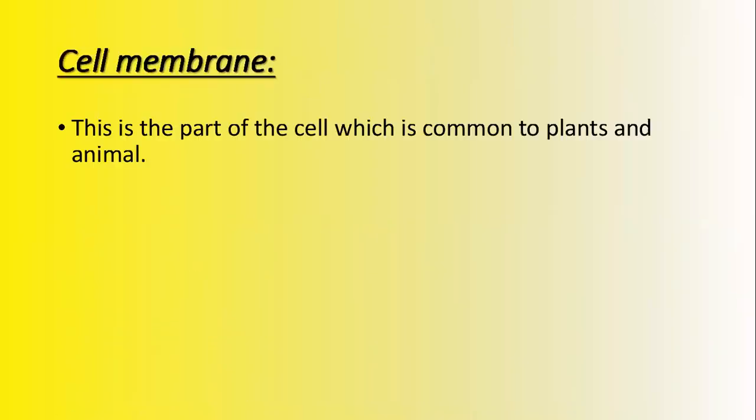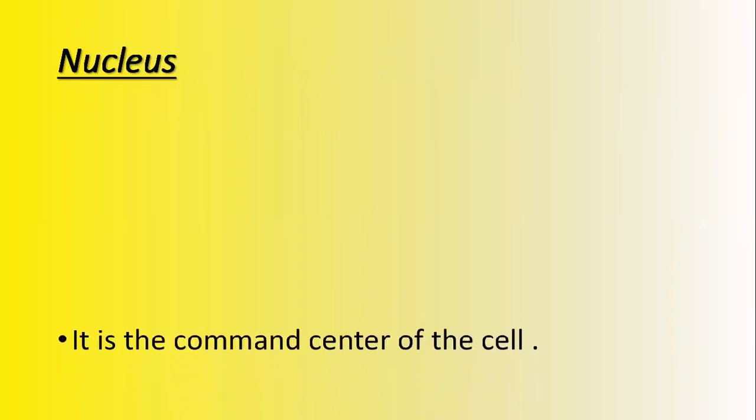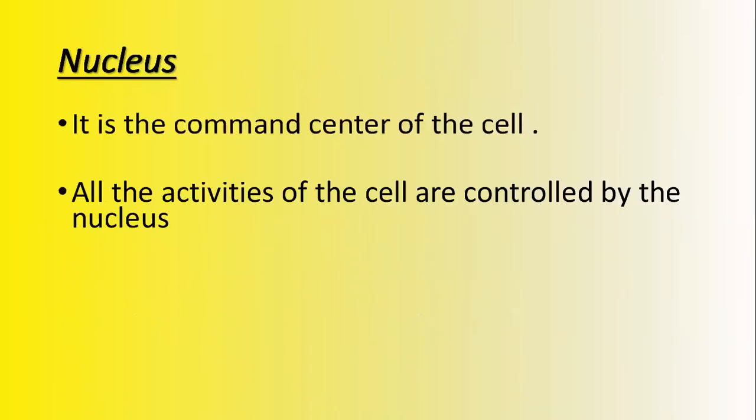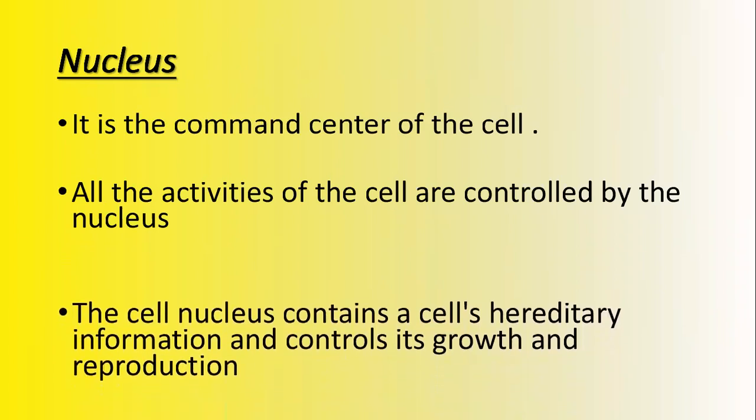Cell membrane, the outer covering of the cell, is common in plants and animals. It gives the cell a proper shape. Nucleus, the control center of the cell, controls all types of activities of the cell.